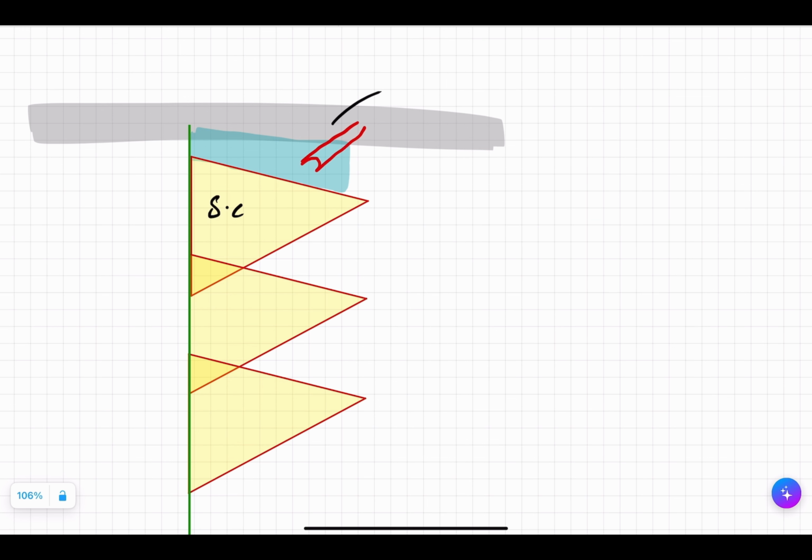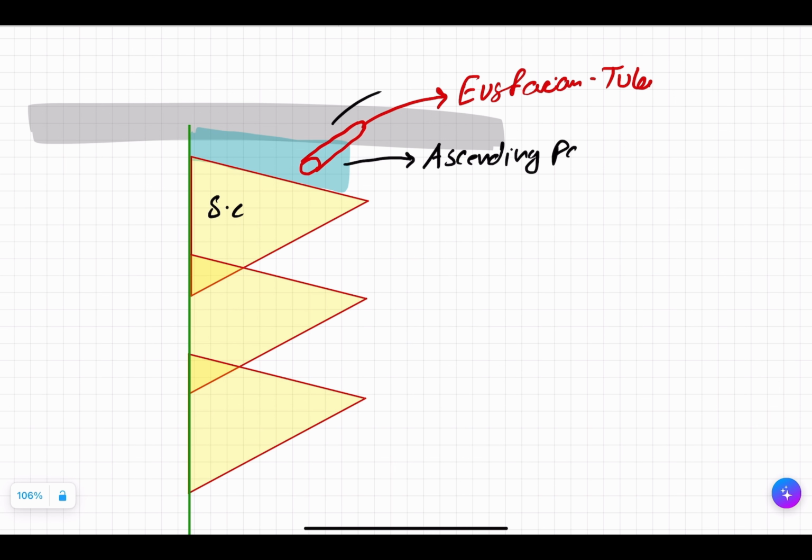You will have two arteries also here, the ascending palatine artery and what? The palatine branch of the ascending pharyngeal artery.